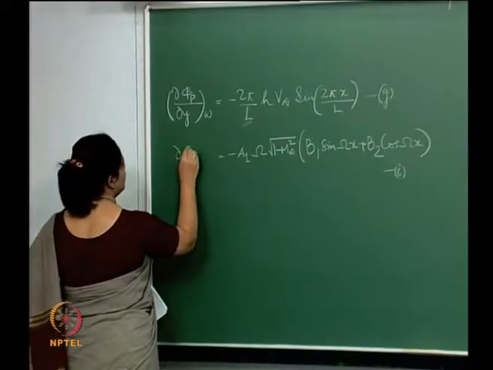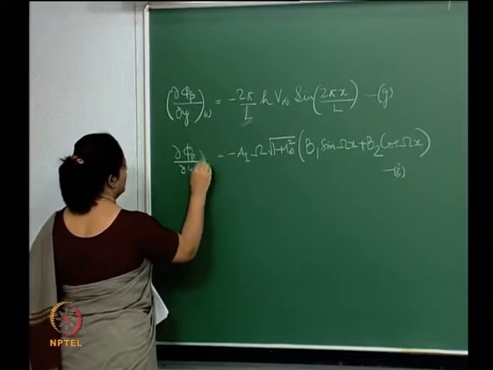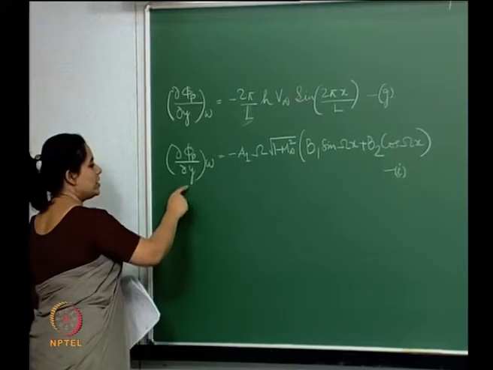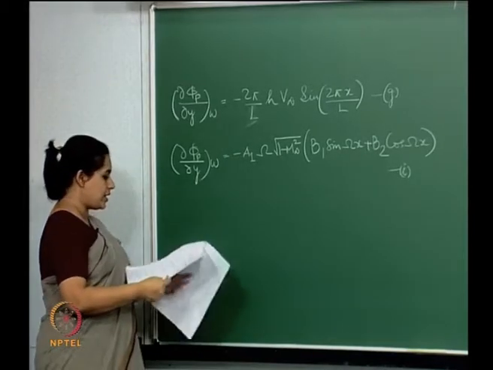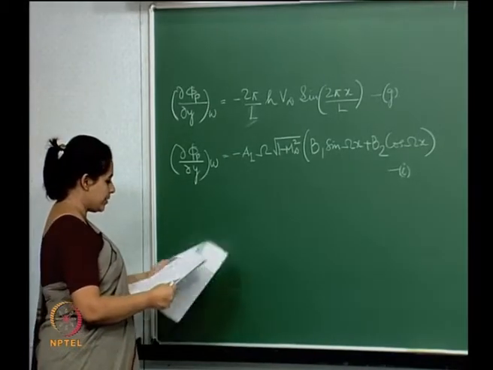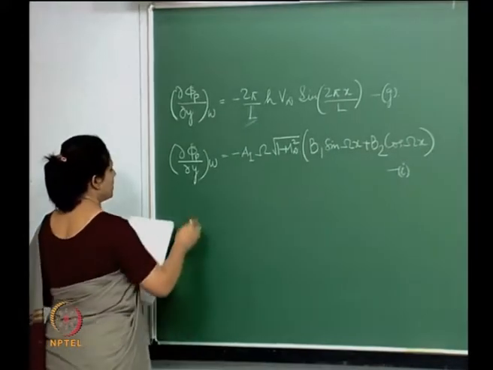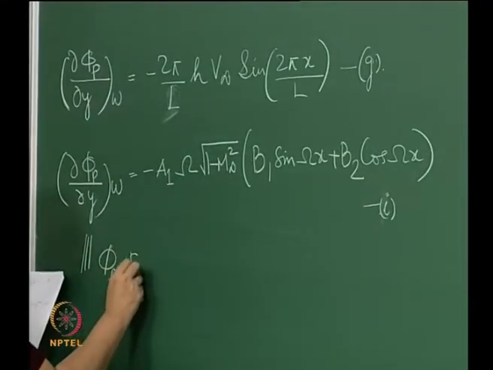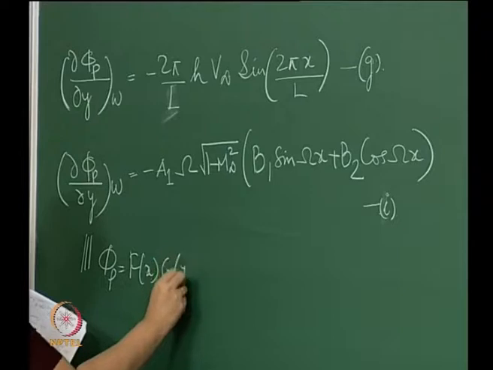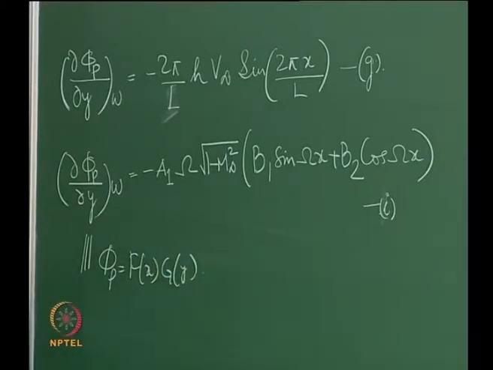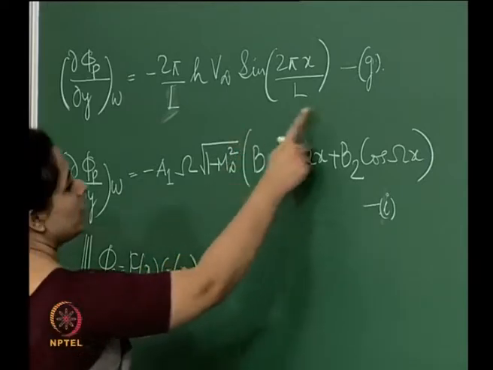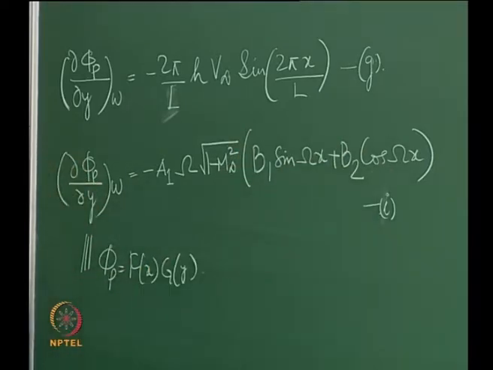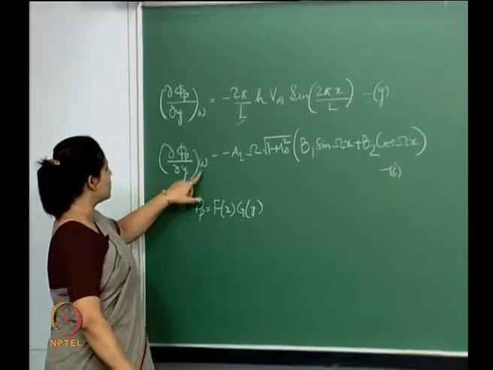Essentially, this is the equation we got because we said that our solution phi p was, right, and then we got expressions for fx and gy, and we were using boundary conditions at the wall.